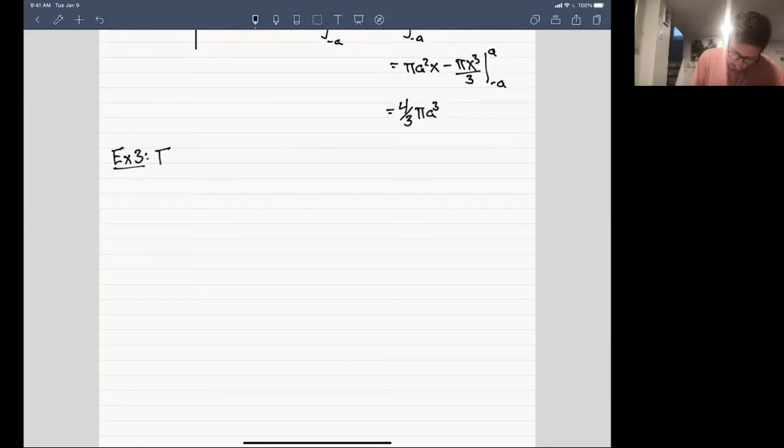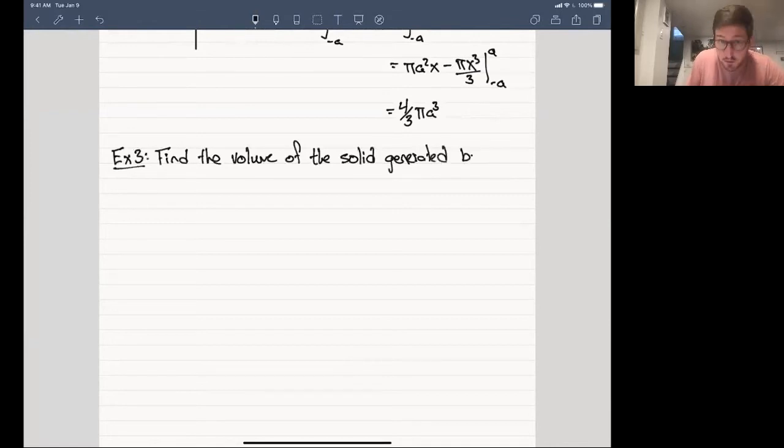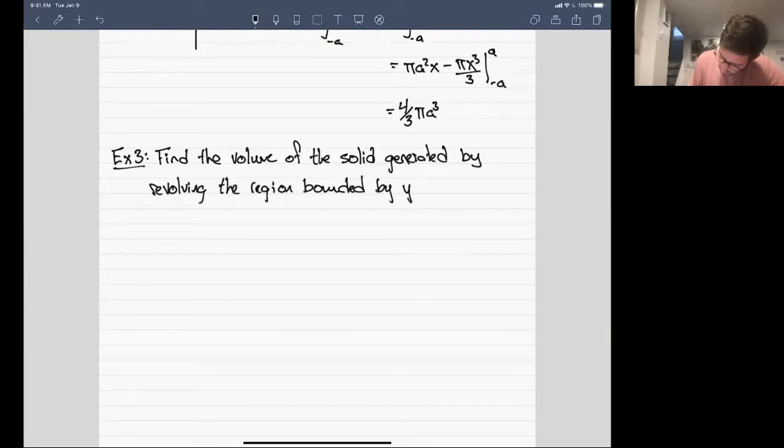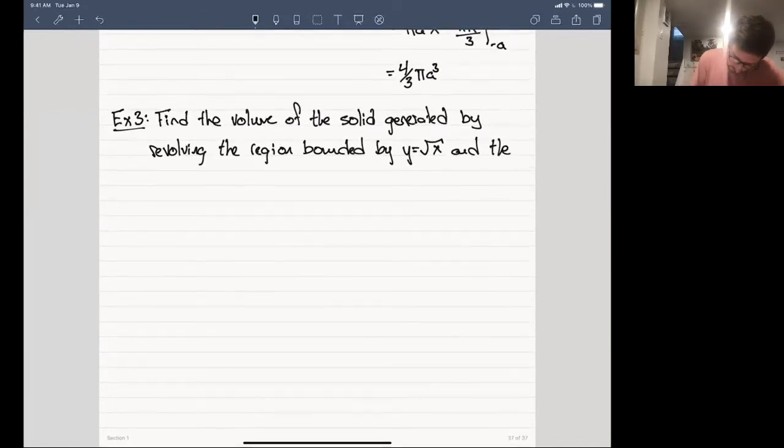Find the volume of the solid generated by rotating, or by revolving, the region bounded by y equal to the square root of x, and the lines y equal to 1, x equal to 4, about y is equal to 1.